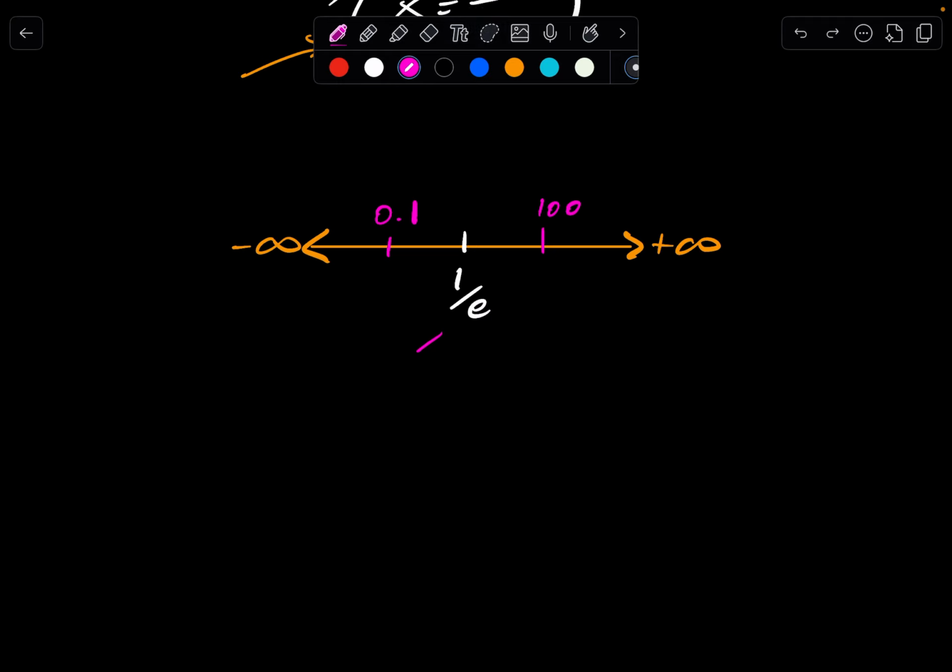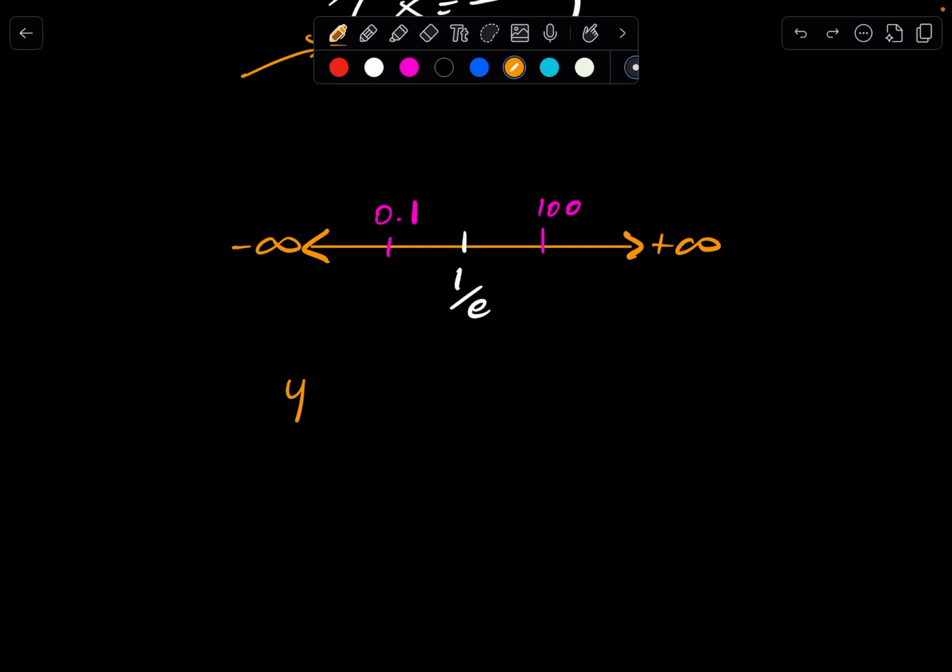I can indeed calculate that right now. We get 1 over e, plugging that into my calculator. It's about, in float form, 0.367. That's what it's equal to. So 0.1 is indeed less than that, so we can do that.